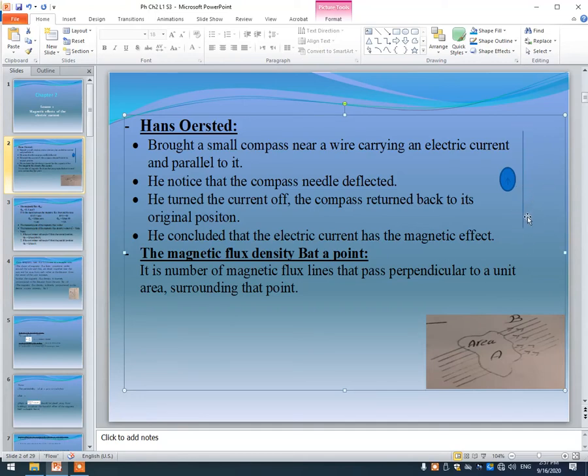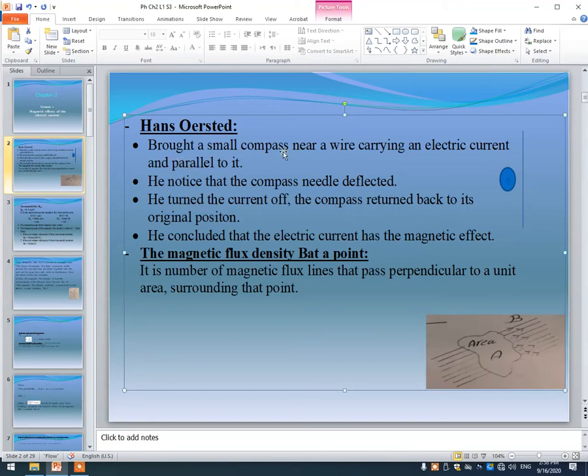After cutting the current, the needle returned to its original location and its deviation disappeared. This means the force generated here was due to the passing of the current through this wire. He called this force a magnetic force.